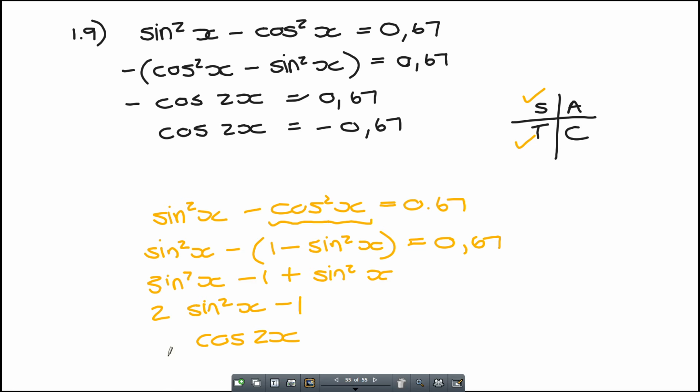So again, a negative in front, nee? Of, I can take that over, nee? Which means that 2 sine squared x.